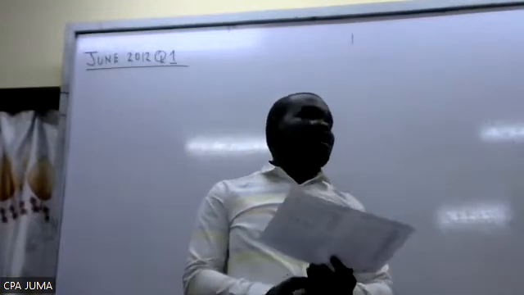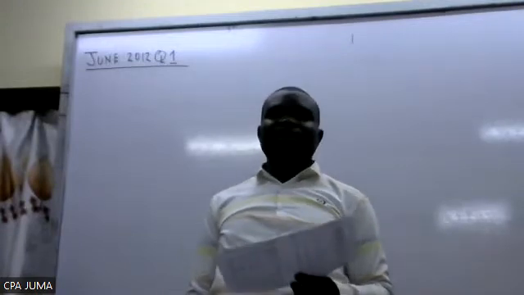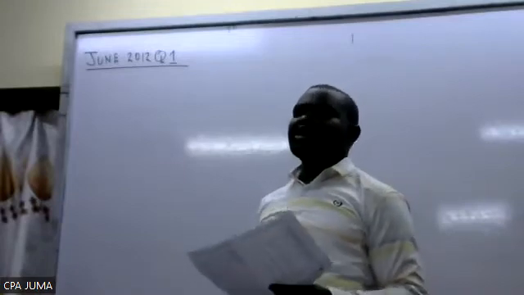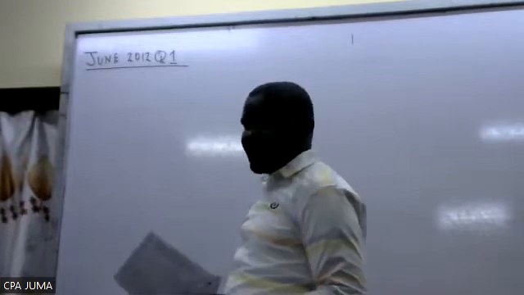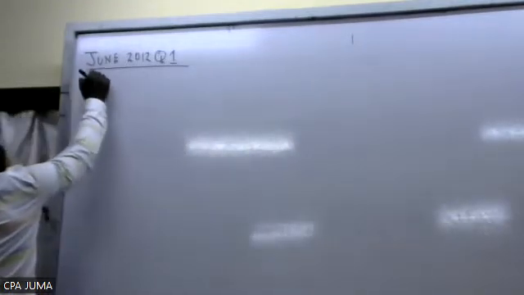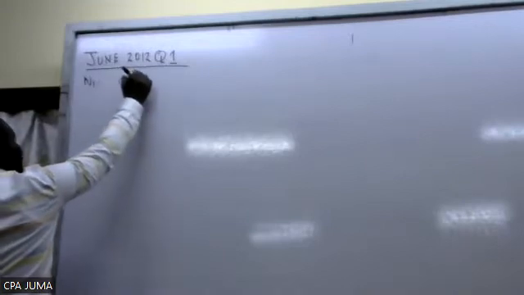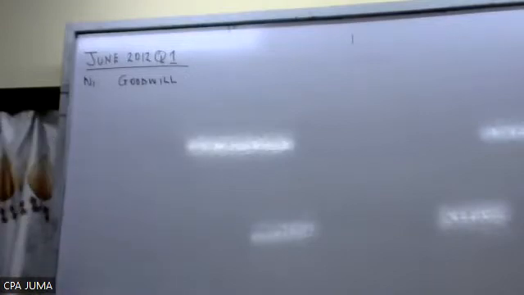So already I've been given the fair value of the minority. There is nothing I'm waiting for. Allow me to calculate goodwill at that particular stage. Let's calculate goodwill immediately. So that is our working one, goodwill.